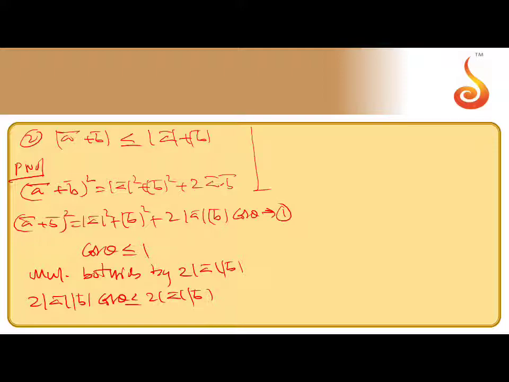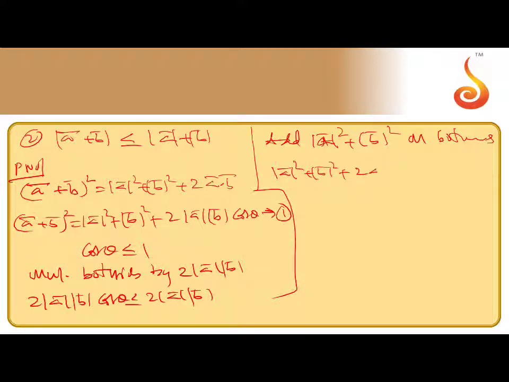What we can do is add modulus a square plus modulus b square on both sides. By adding them, the inequality does not change. So we get modulus a square plus modulus b square plus 2 modulus a modulus b cos theta is less than or equal to modulus a square plus modulus b square plus 2 into modulus a into modulus b.